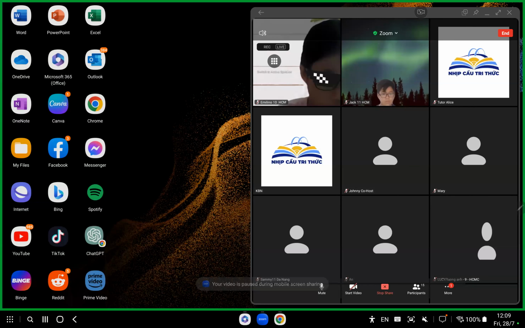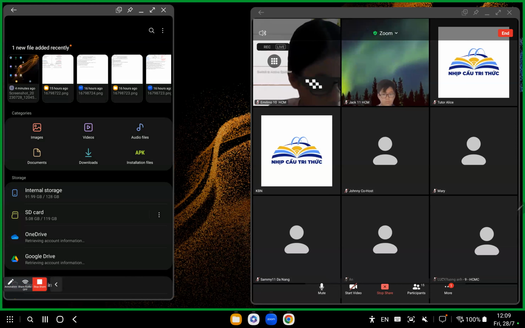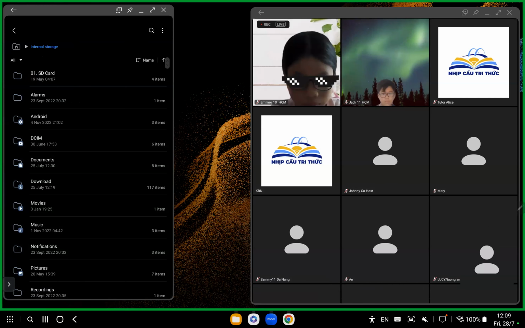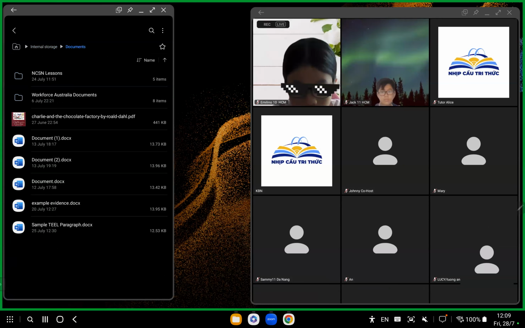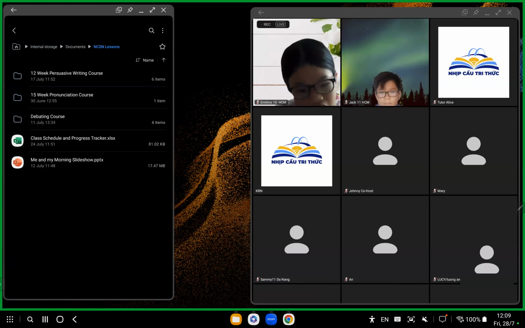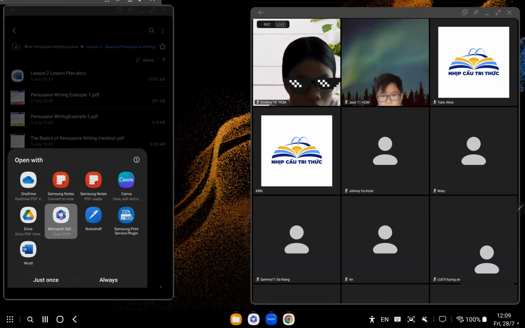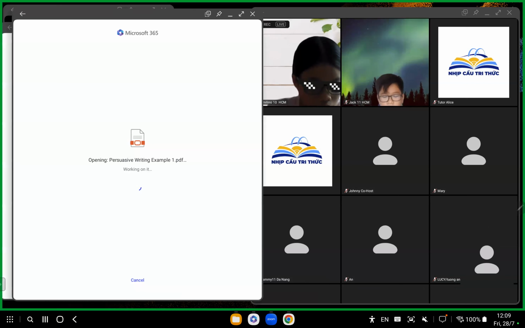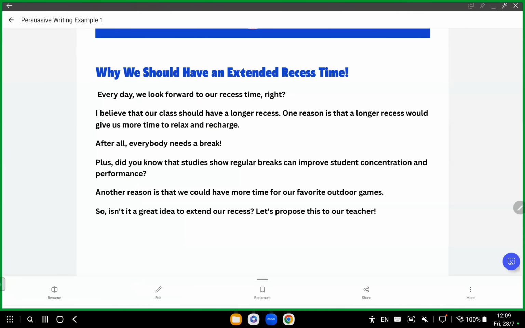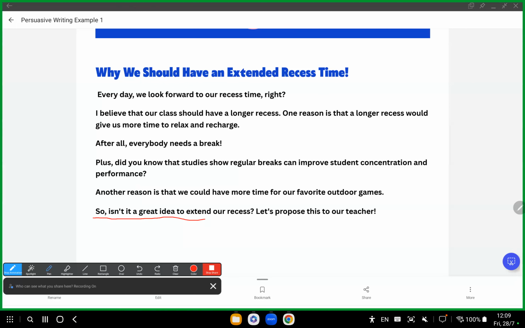So I'll get an example of one up. So this example here, where is it? So this conclusion here, this is an example of a persuasive sentence.